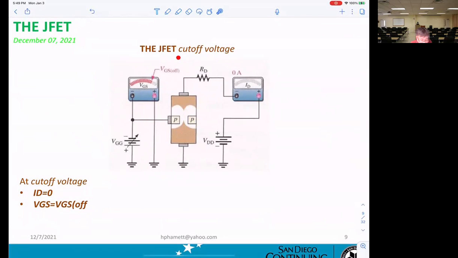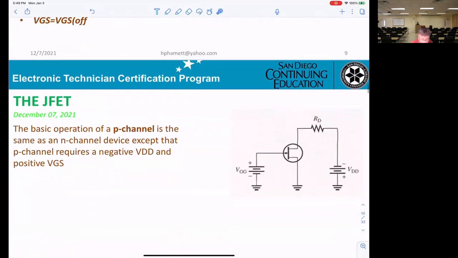Get a cutoff VGS, they measure, they equal VGS off. That means you see no current flowing. ID equals 0. So make sure VGS equals VGS off, then ID must equal 0.